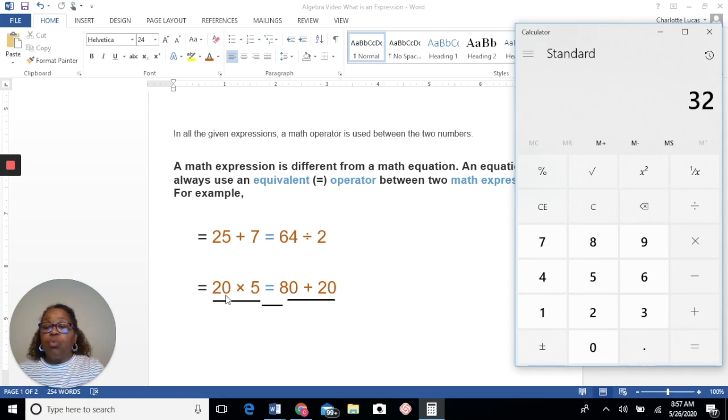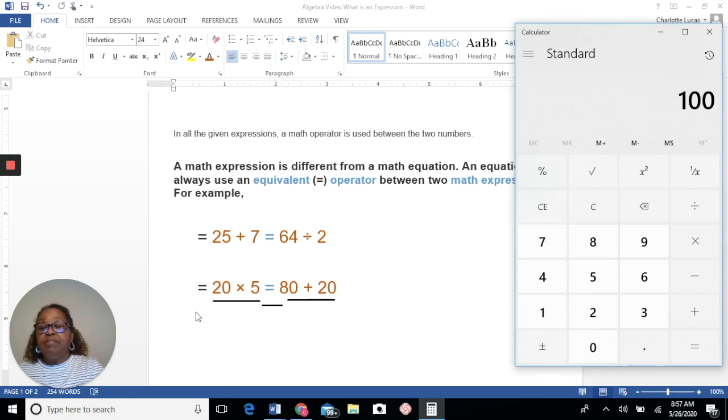Let's try this one. 20 times 5. First, to use our calculator, first we must what? Clear. I hit that extra clear button. 20, multiply. We're going to use multiplication times 5. What are we going to hit now? That's right, the equal button. 100.